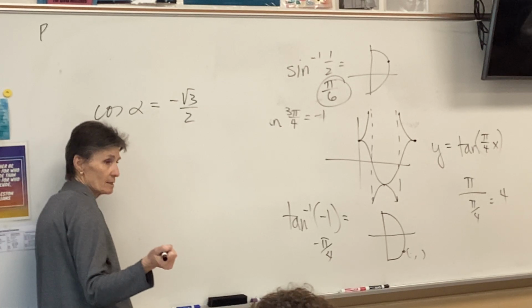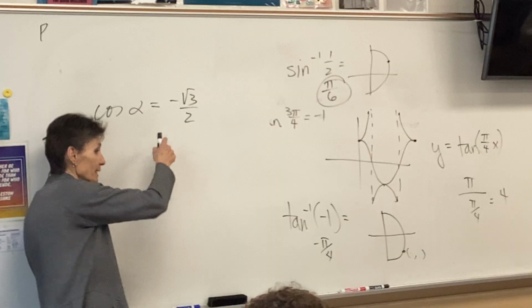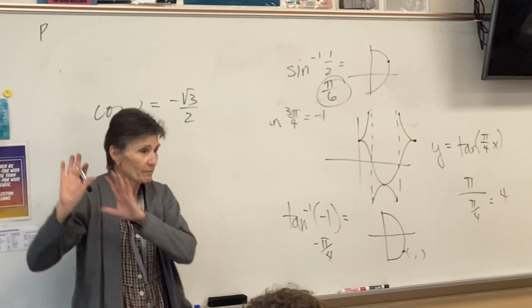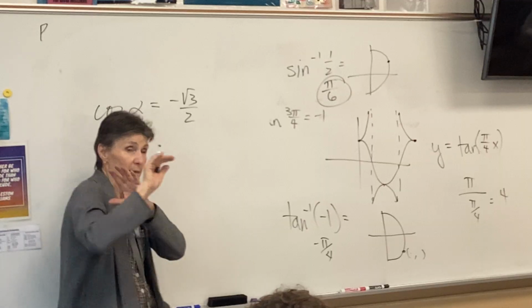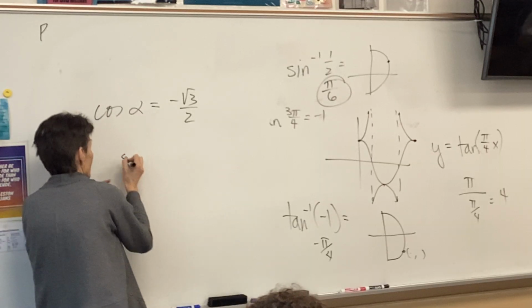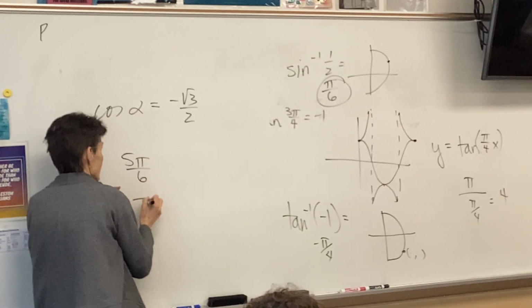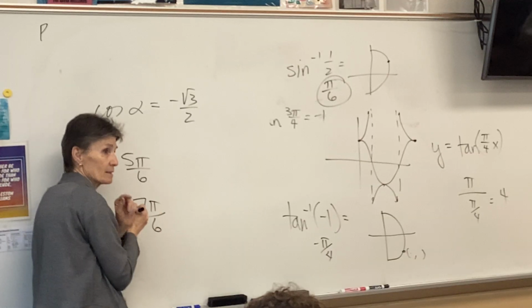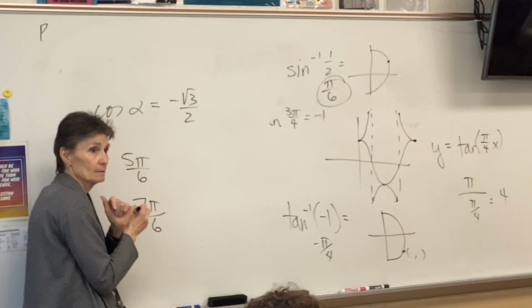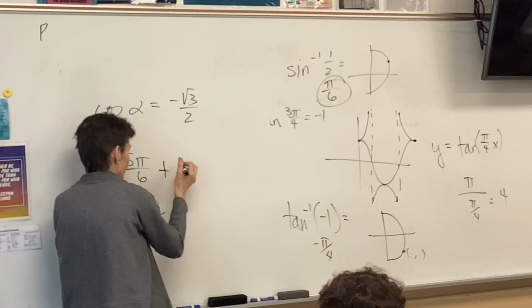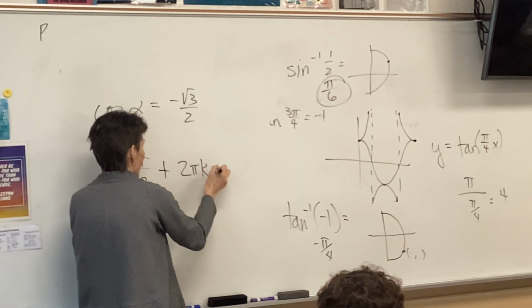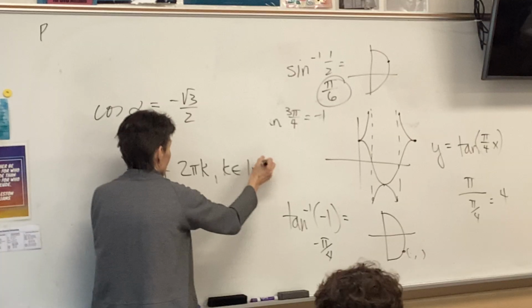Pi over 6s? And since it's a negative cosine, it would have to be the pi over 6s over here, which would be what? 5 pi over 6 and 7 pi over 6, and all of the coterminals.